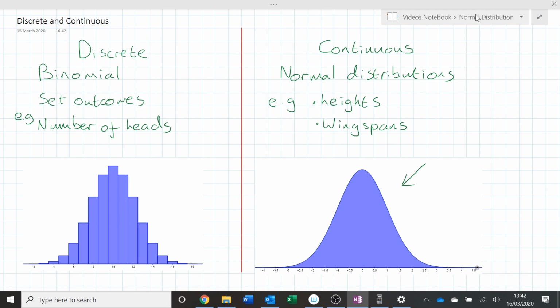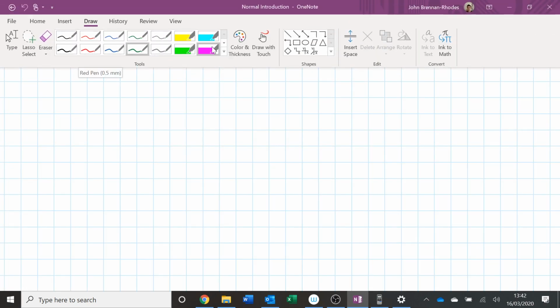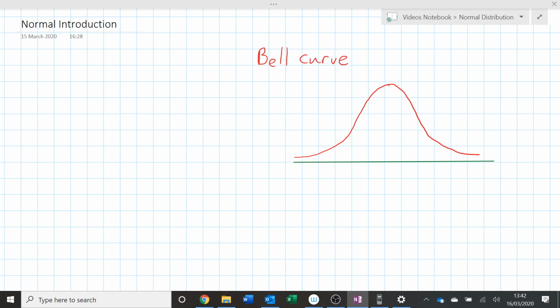So let's have a bit of a think about this shape. Some key facts about the normal distribution. Now this is where it's kind of hard for me to do an accurate drawing on here, but it has this very recognizable shape. That is not bad. People often call it a bell curve. It's also called a Gaussian curve after Gauss, but you can think of it as a bell curve.